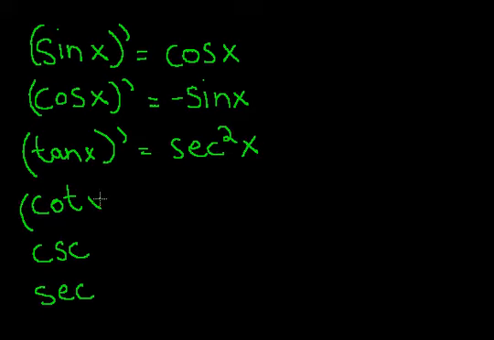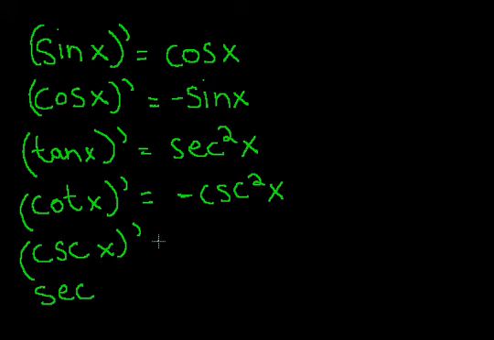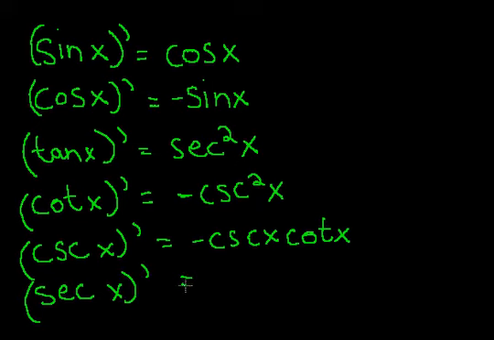The cotangent of x prime equals negative cosecant squared of x. And cosecant x prime equals negative cosecant of x times the cotangent of x. And finally, the secant of x prime equals the secant of x times the tangent of x.